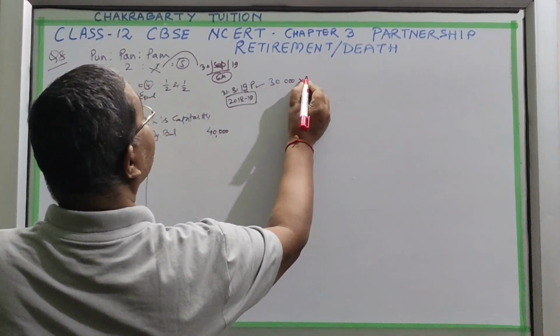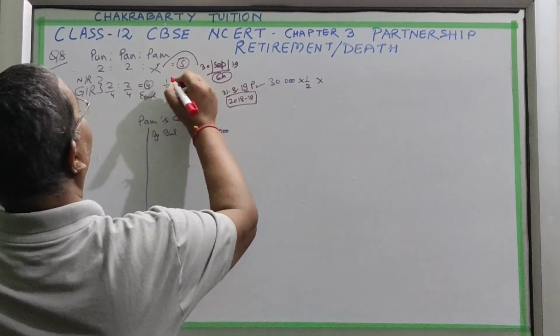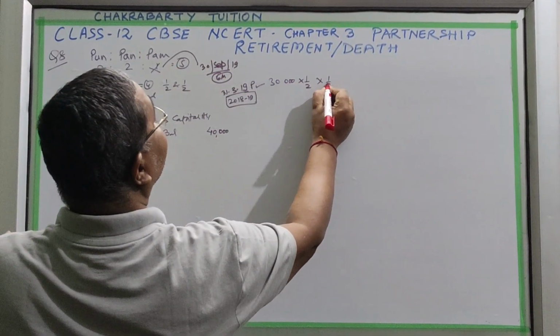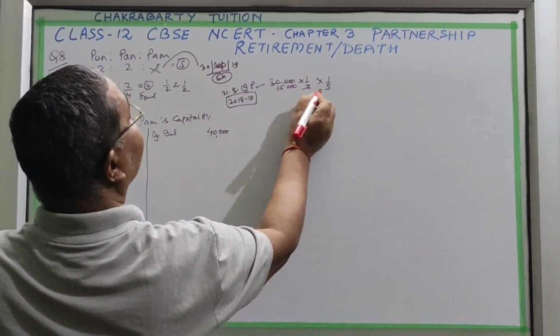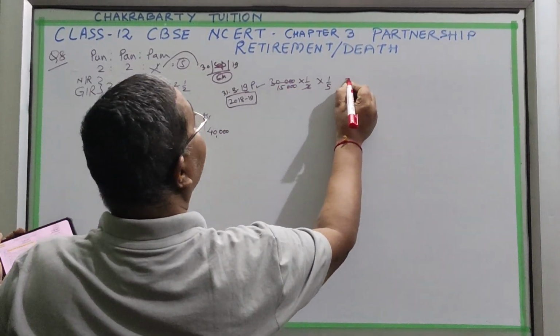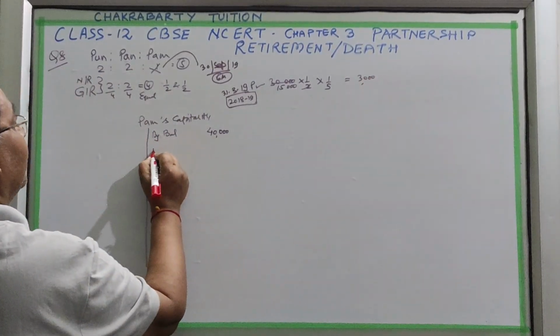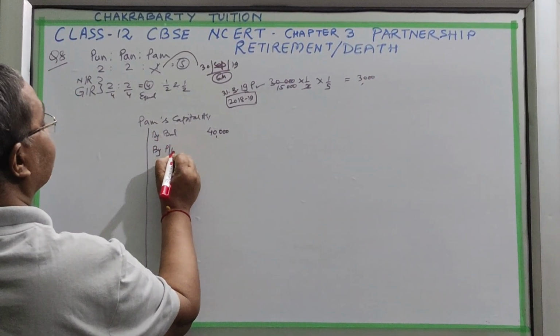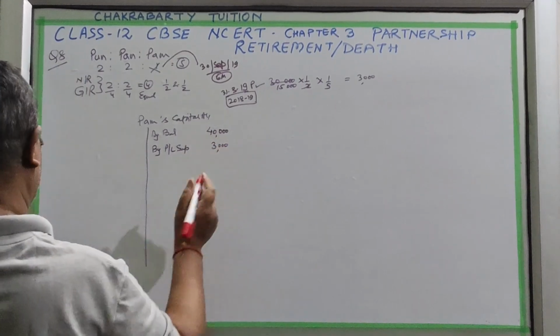For 6 months we will make half, and out of that 1/5 he will get. So 15,000 by 5 comes to 3,000. By P&L suspense, 3,000 profit he will get.